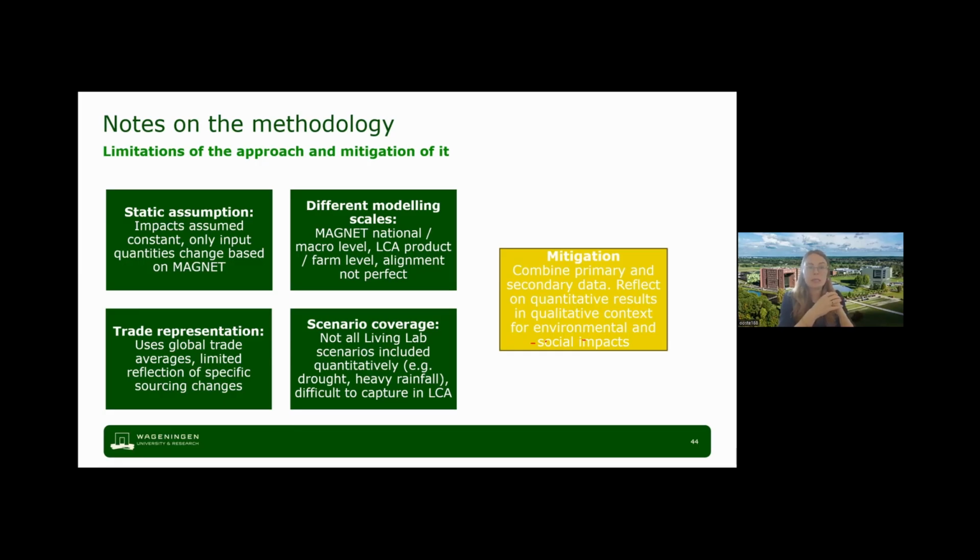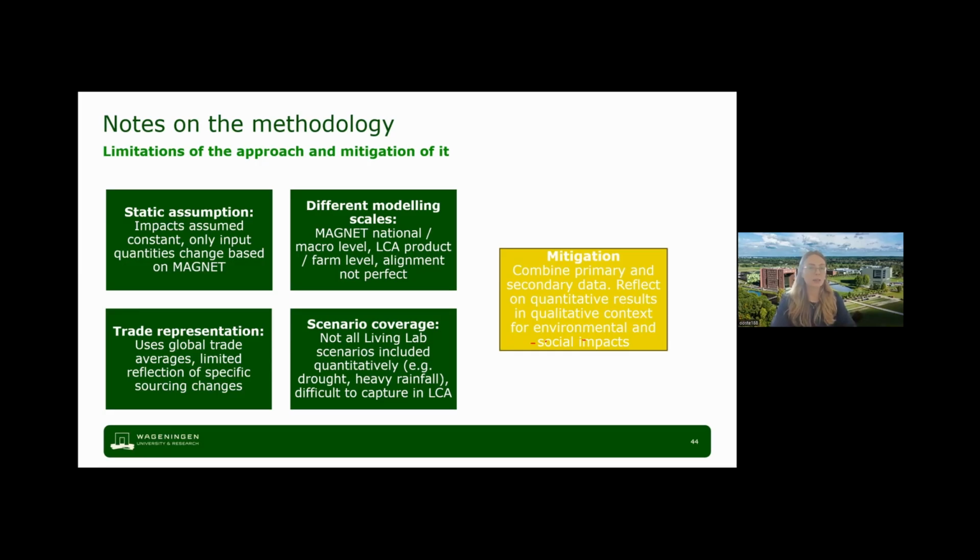And it's also quite a static assumption, because, for example, for social, of course, there are many dynamics. There are cause-effect relationships and drivers for certain social impacts, and these social impacts are all interrelated. So if there's not enough income for a family, then there are impacts on maybe the education opportunities for the kids, or certain child labor, for example.